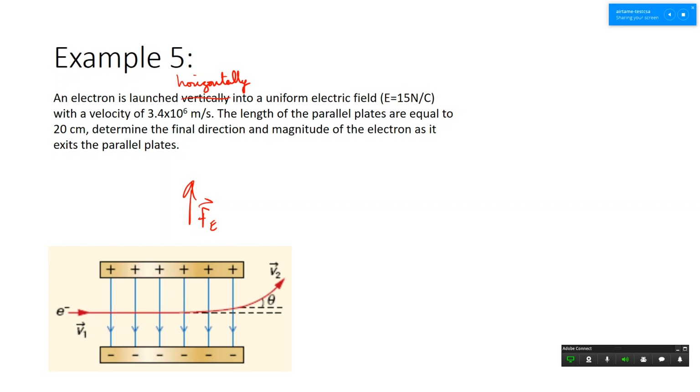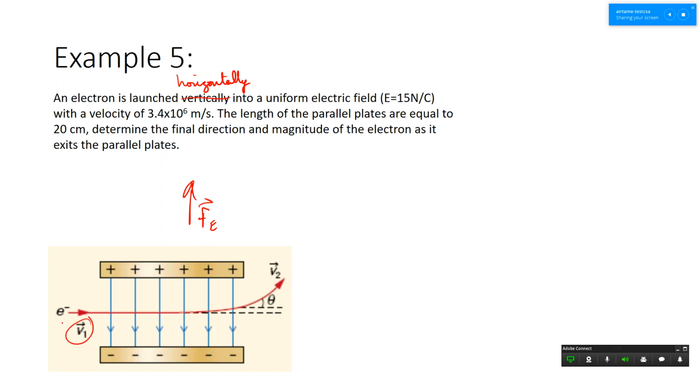Initially speaking, does my velocity have a y component to it? No. Initially, it's only got an x component, and the acceleration is happening in the x axis or in the y axis? In the y-axis. So does my x-axis velocity change? No. Initial x velocity is the same as my final x velocity.